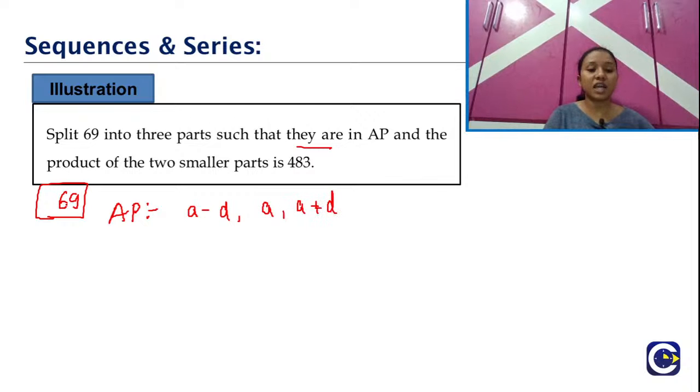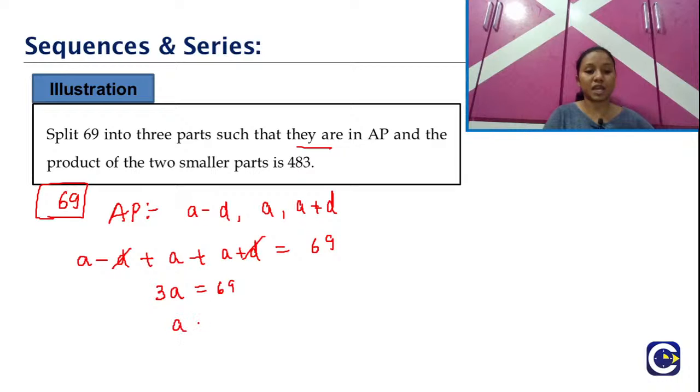The sum of these three numbers must be equal to 69, which gives our first condition: a minus d plus a plus a plus d equals 69. Minus d and plus d cancel, so 3a equals 69, which implies a equals 23.